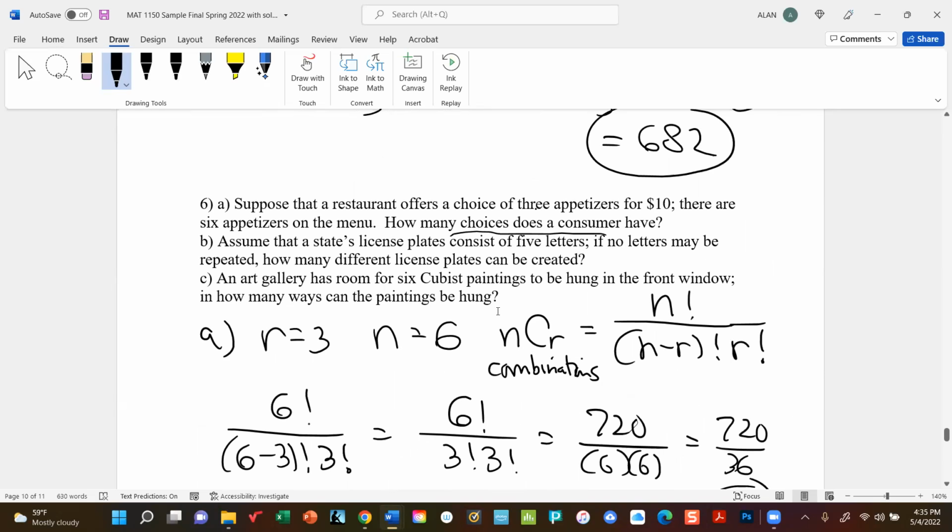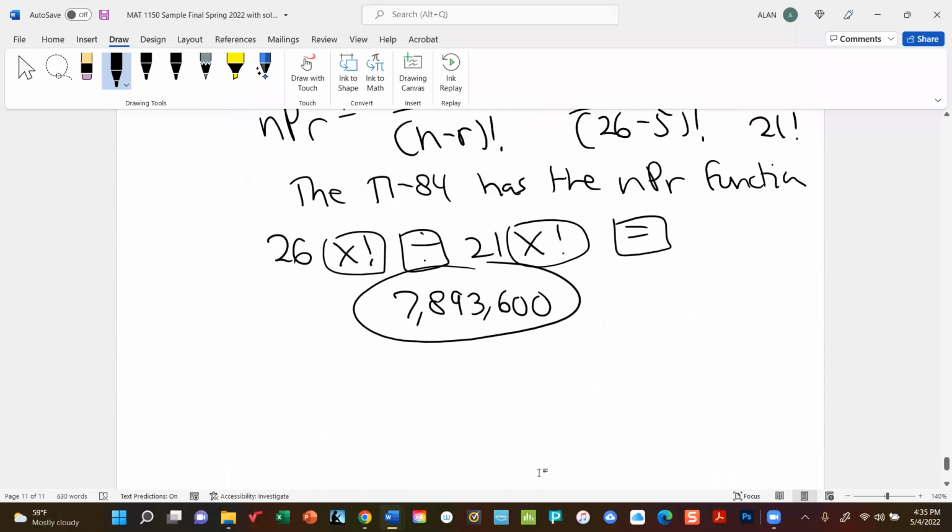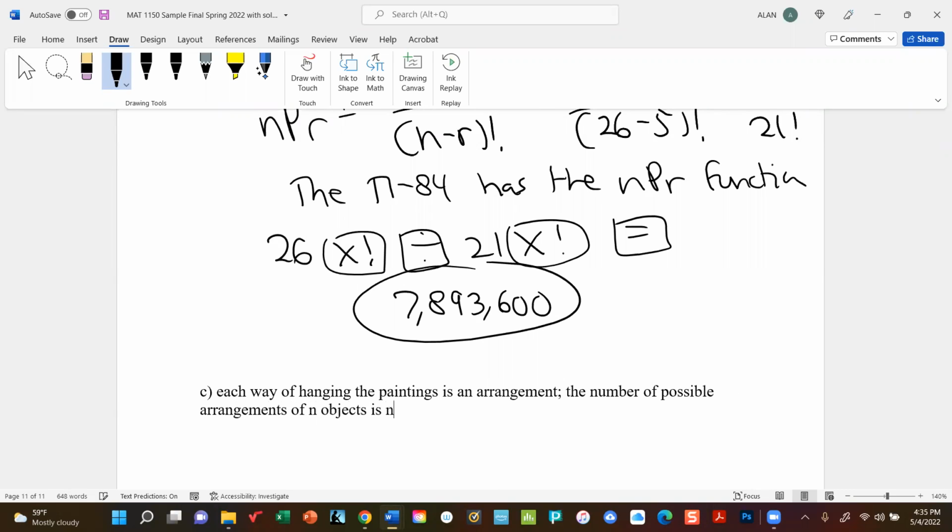Well, those are not combinations or permutations because you're taking all 6 paintings and then hanging them in different orders. So since there's 6 paintings in this case, we would say that each way of hanging the paintings is an arrangement. The number of possible arrangements of n objects is n factorial.